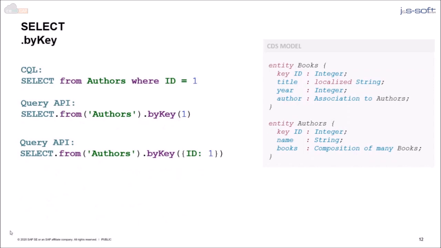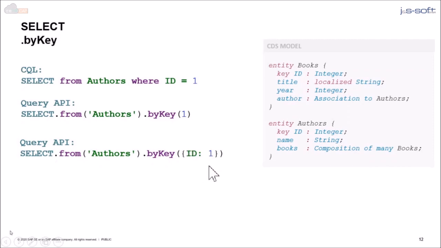By key is another alternative to writing the key inside of the from method, as I already showed you. And here you can write the key in two different ways. As I mentioned, also in the from, you can write this in basically these two different ways. You can either provide directly the value, or you can provide an object having the key value pair.